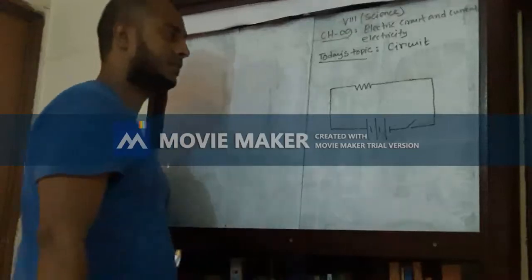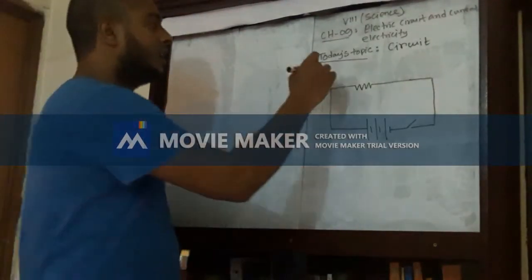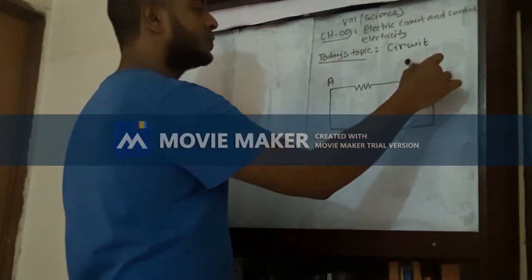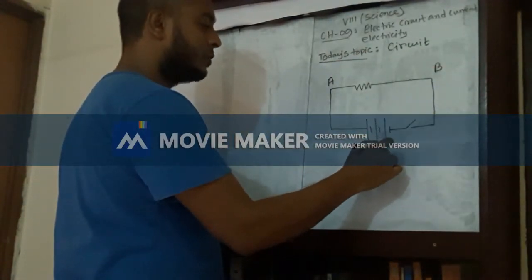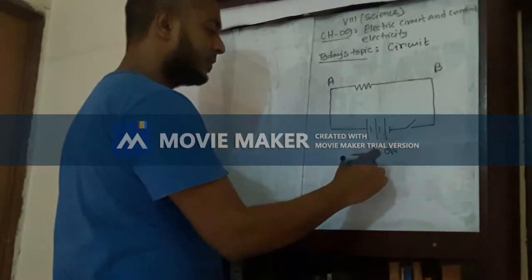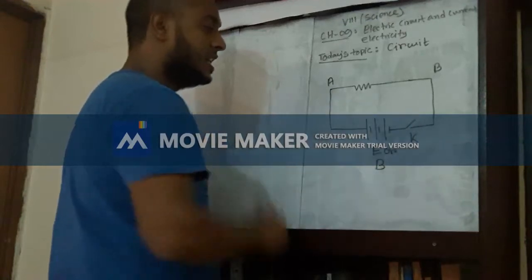Then this is electrical wire. So I can say that this is point A, this is point B, the electrical cell is the electromotive force or battery or cell, and the switch is known as key K.